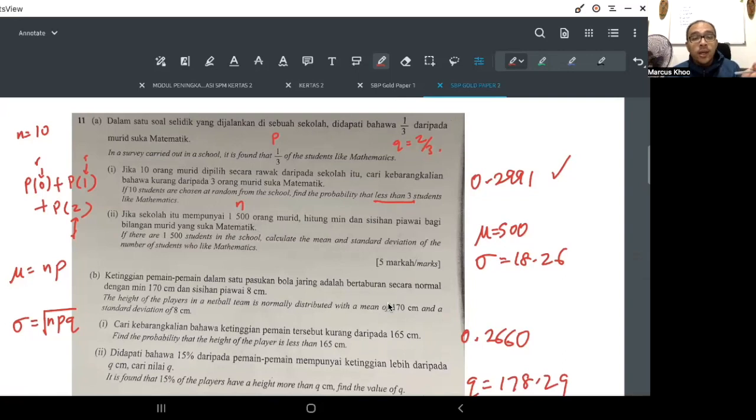Whether it is 10 or 1,500, p and q are still the same. So we just use the different n, which is 1,500, times p to get the mean. Then use the same n and p times q and square root everything to get the standard deviation. So you should get these two answers, 500 and 18.26.